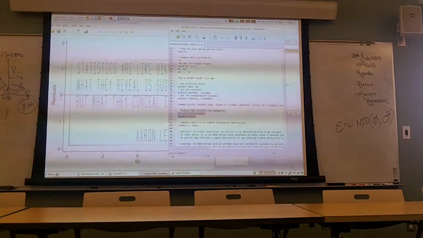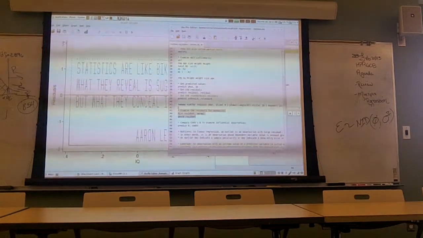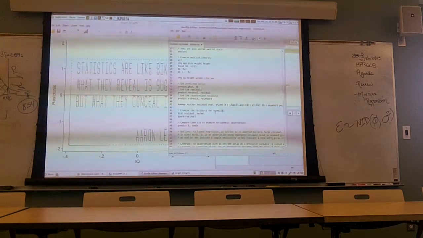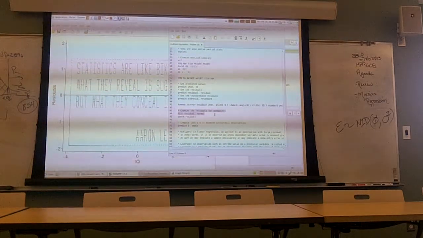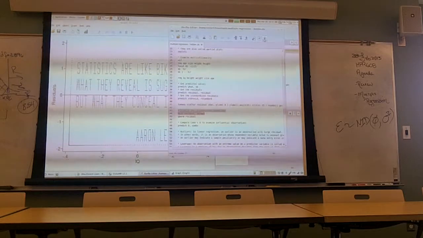Okay, so now let's look at the normality. All I'm going to do is get a histogram of my residuals, and then I'm going to superimpose a normal curve on that histogram.